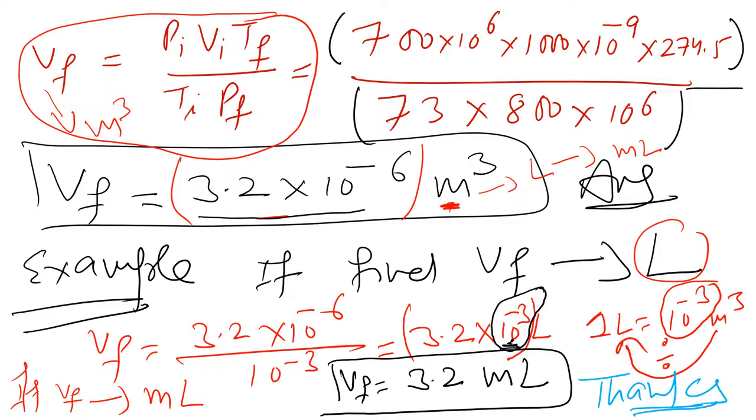After the calculation, the value of Vf will be 3.2 into 10 to the power minus 6, and the unit will be meter cube.